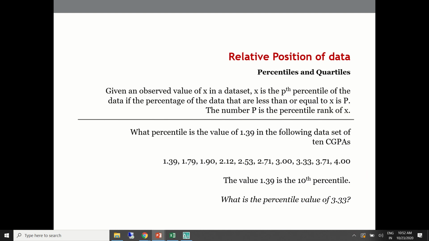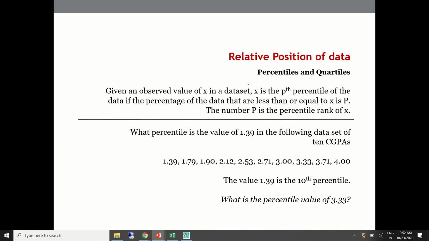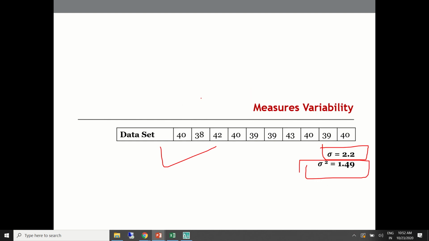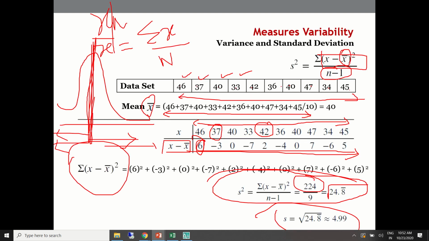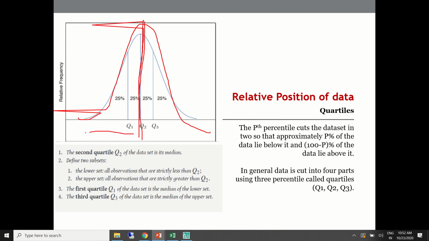This has to be understood from the graph as well. I will tell you after explaining how we understand standard deviation and variance. For example, if you have a data set like this, and like I was explaining, if we know the mean value, we can see how the deviation is occurring with respect to the mean, on the positive and also on the negative side.